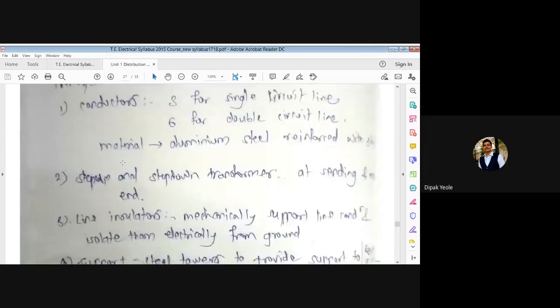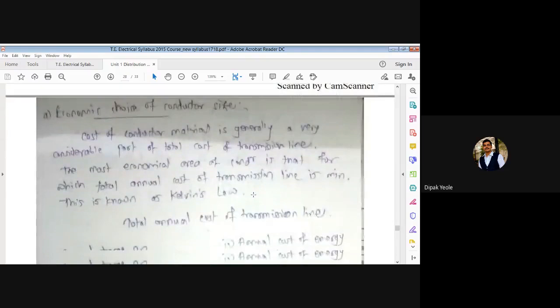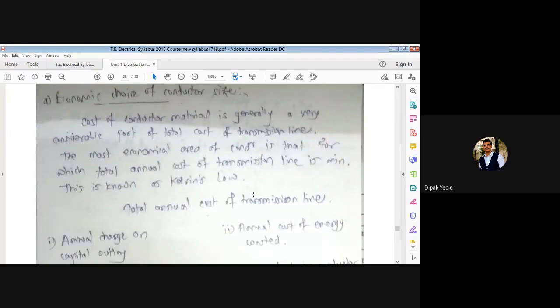Yes, and the last point is the economics of power transmission. For the economics of power transmission, I told you that Kelvin's law is important. And what is Kelvin's law?